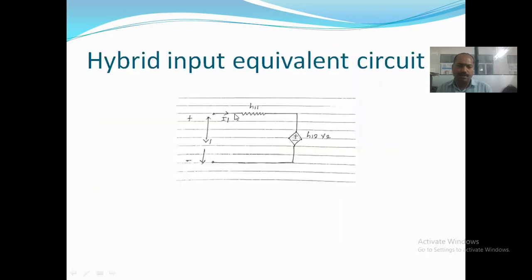So H11 I1, this should be coming, add plus means added to it, plus. Now see H11 I1 plus H12 is nothing but F1 upon F2. It is the pure ratio.